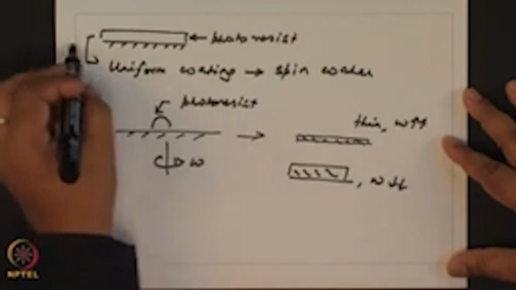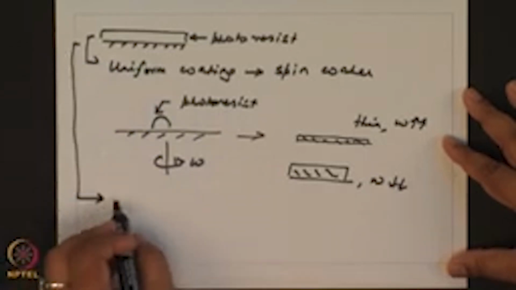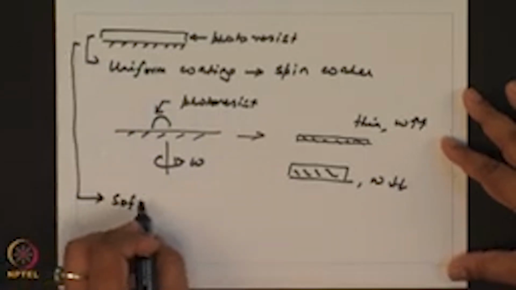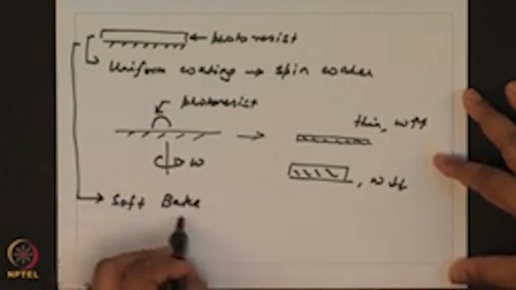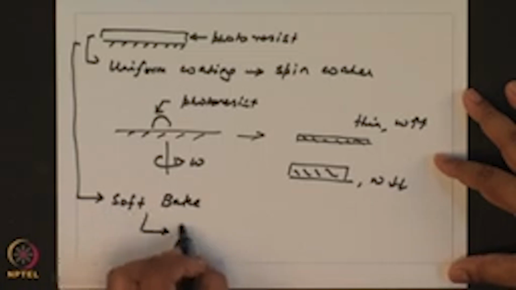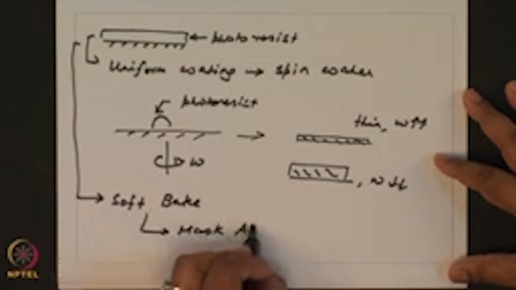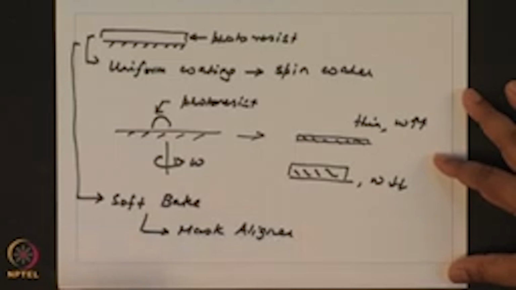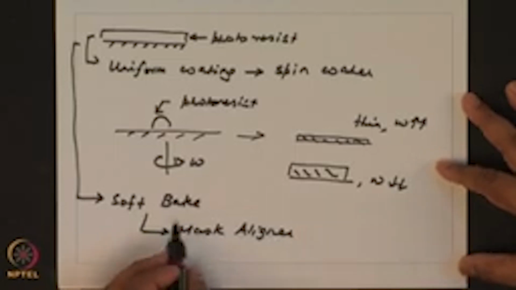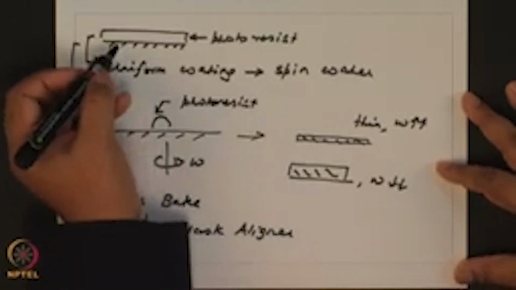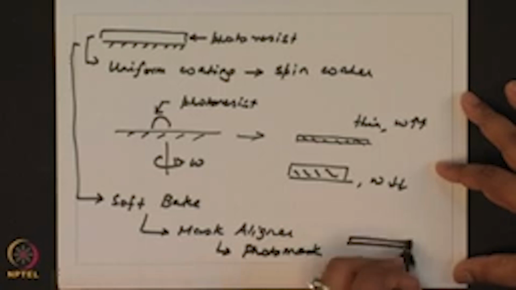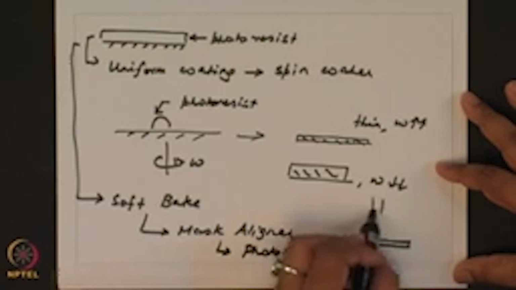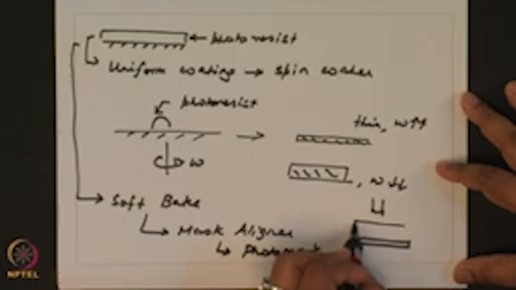After you have done your photoresist, you do a step called soft bake, and then using this material you use something called a mask aligner, and you shine light onto your material on the substrate through a photo mask. If this is your spin coated substrate, you have your mask aligner and here is your mask.